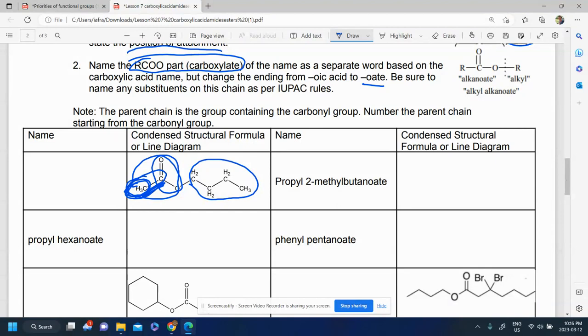Our alkyl group, so to speak, is this part over here, which came from the alcohol, because it doesn't have the double bond O on it. So this is a 4-carbon chain. So that's going to be butyl. We're going to have a space. And then this is our parent chain here. Instead of ethanoic acid, it's going to be ethanoate.